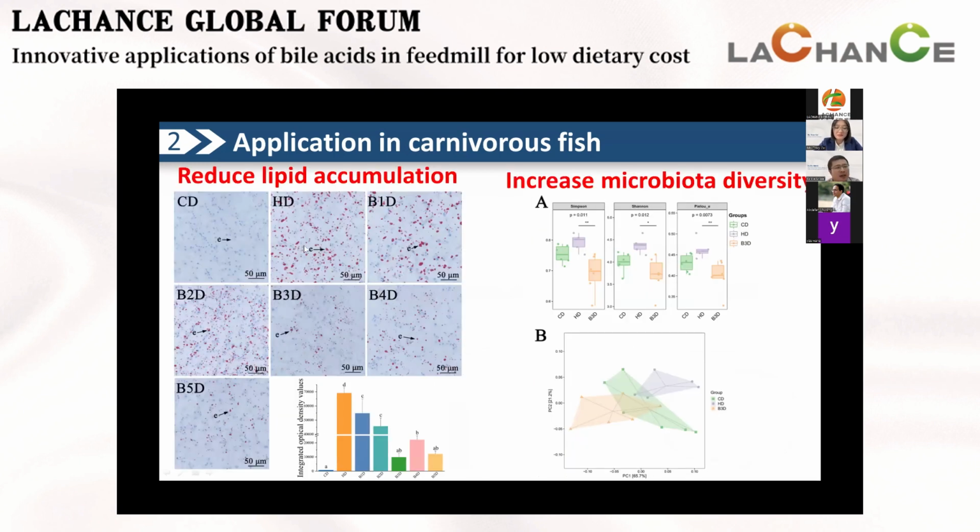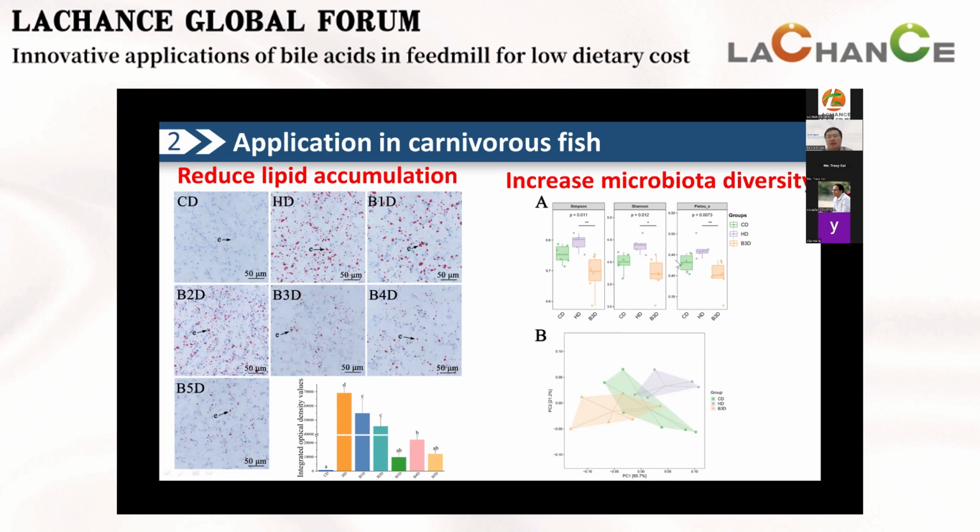In this study, we also detected the lipid content in the liver of the grouper, similar to the last experiment in largemouth bass. We can see that with the addition of bile acids in the high-fat diet, the lipid accumulation was reduced.